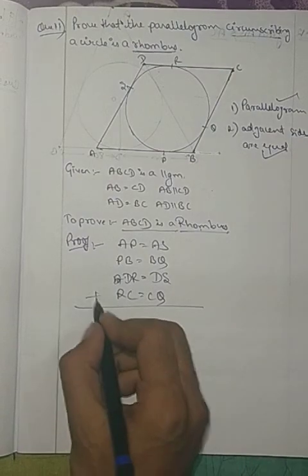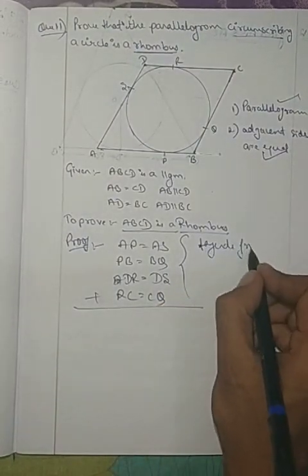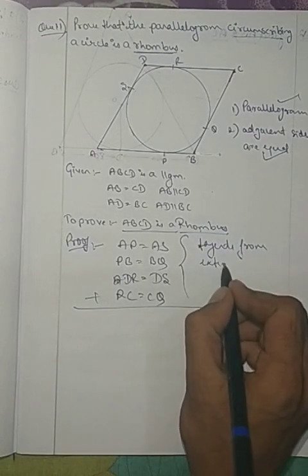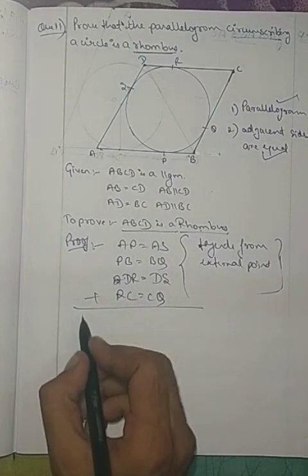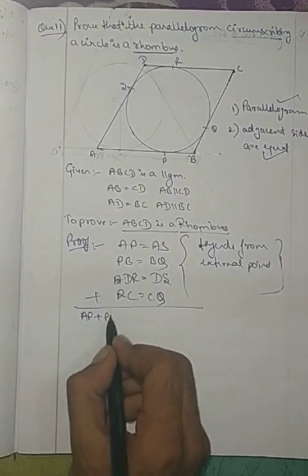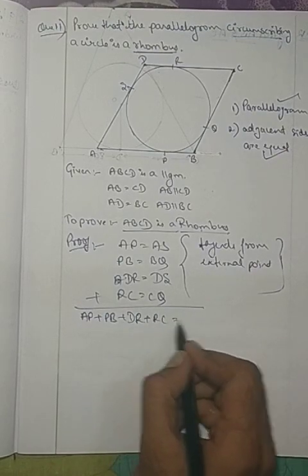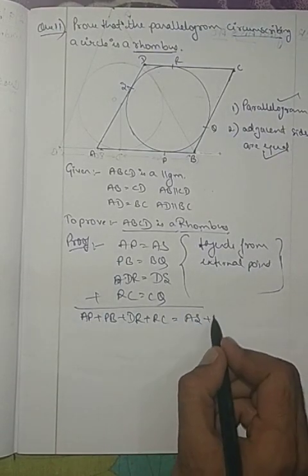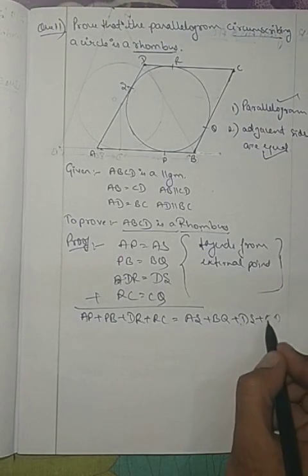Adding all this, why they are equal? Tangents from an external point, that's why they are equal. Adding: AP plus PB plus DR plus RC is equal to AS plus BQ plus DS plus CQ.